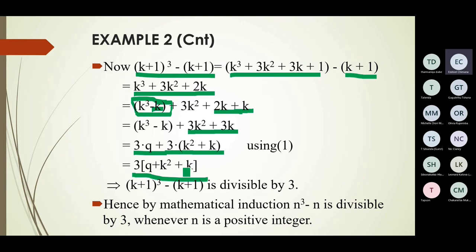And we know that any number multiplied by 3 is always divisible by 3. So we can conclude that k plus 1 to the power 3 minus k plus 1 is divisible by 3. Hence, by mathematical induction, n cubed minus n is divisible by 3 whenever n is a positive integer. That's your conclusion.